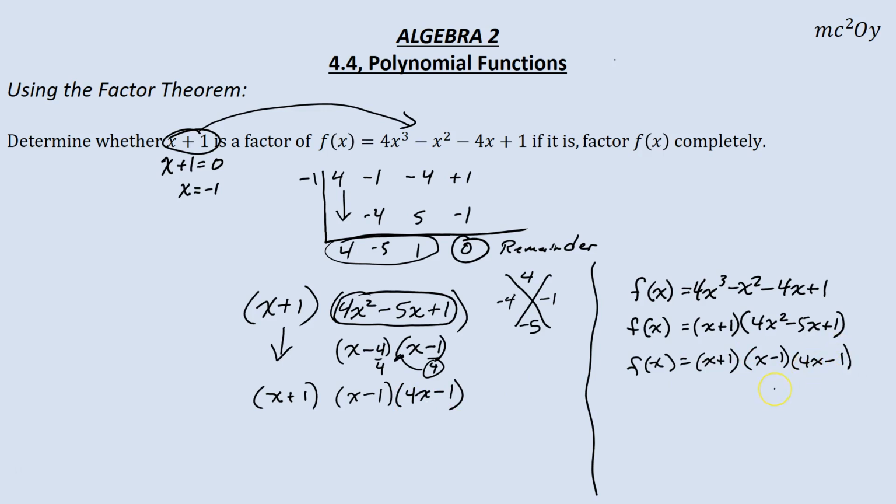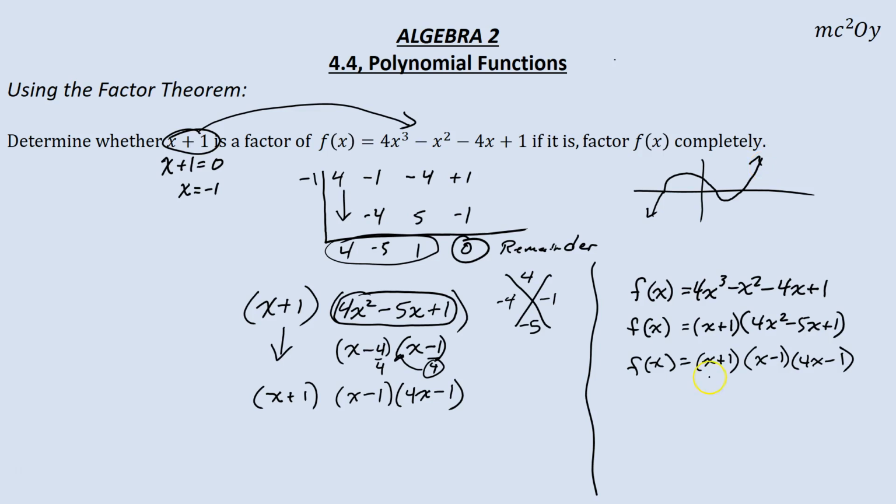The whole point of doing all this is so that you can solve. If I said I really want to know where my graph crosses the x-axis, well, this definitely does not look like that. Let's make it look a little more realistic, maybe something like this. I want to know where it crosses the x-axis.